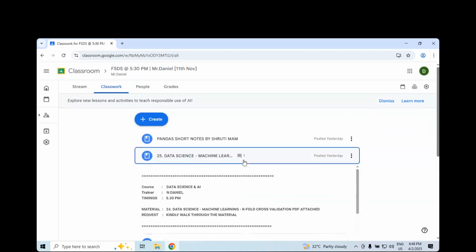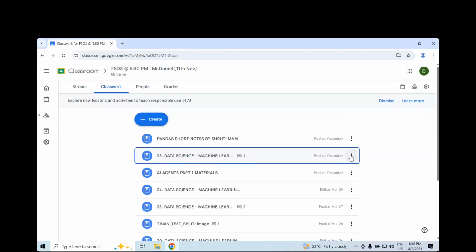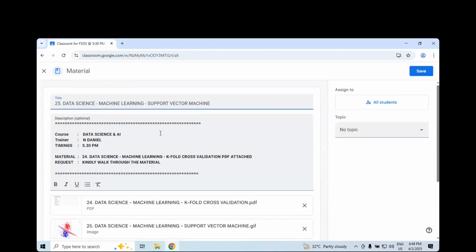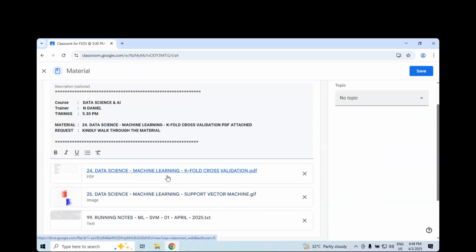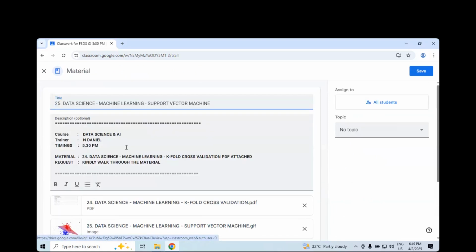Now here I need to upload what exactly, sir? Support vector machine I need to upload here, am I right? And cross validation also. I need to change the heading also.